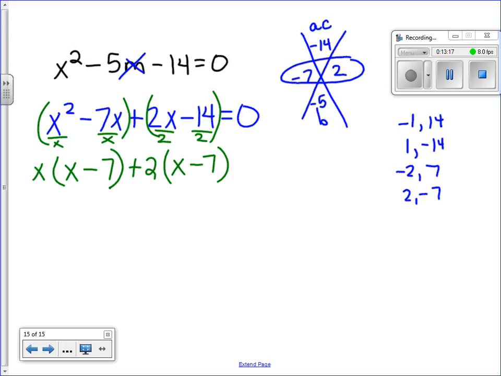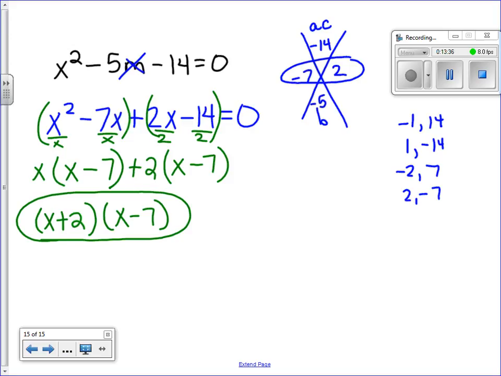See, this started out as x plus 2 times x minus 7. x times x minus 7, 2 times x minus 7. That's what we're looking at. These are the factors.